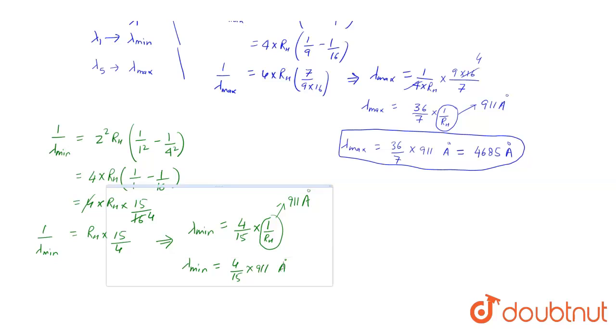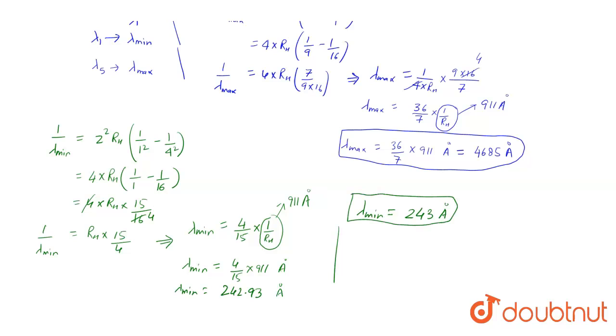And then if you calculate this value, you will get lambda minimum is equal to 242.93. That means it is about 243 angstrom. So this is the minimum value of the wavelength.